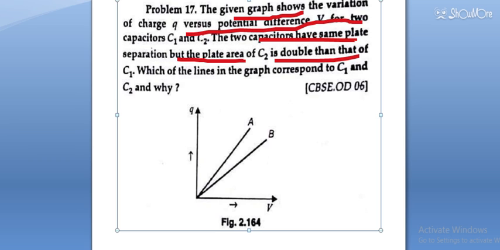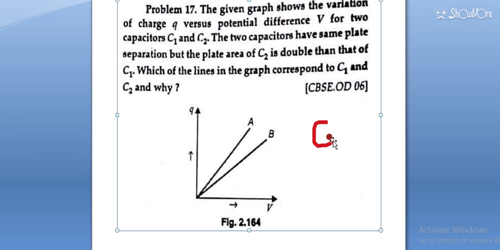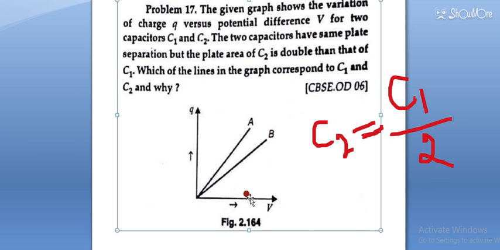So students, if the plate area of C2 is double, capacitance is proportional to plate area, A epsilon naught by d. So it will be C2 equal to 2 C1.